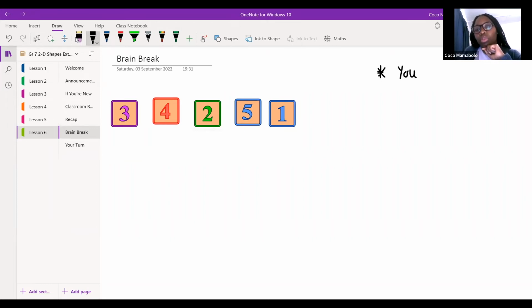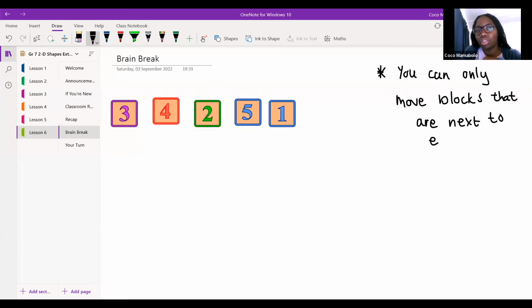You can only move blocks that are next to each other. Jody's asking, where's 6, ma'am? I'm going to add 6 after this.